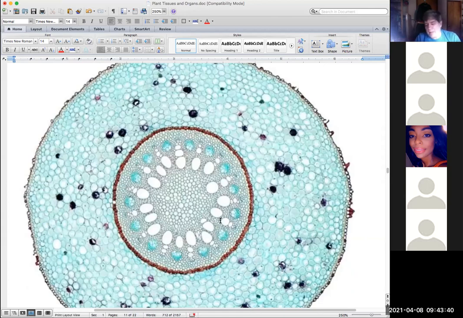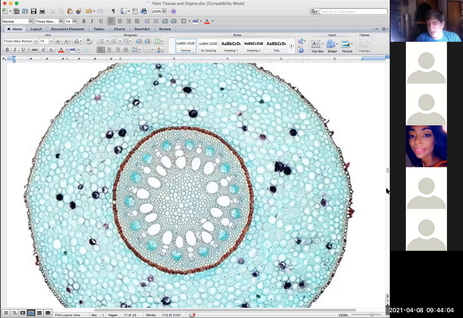How they're arranged is one of the ways that we can tell a monocot root apart from a dicot root.